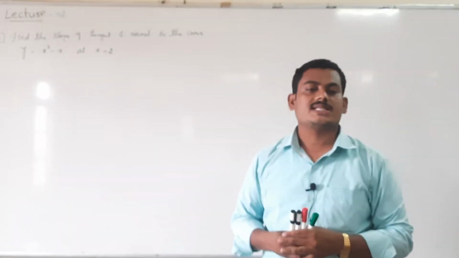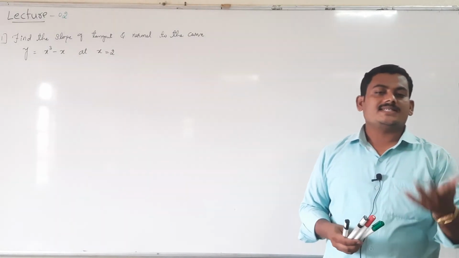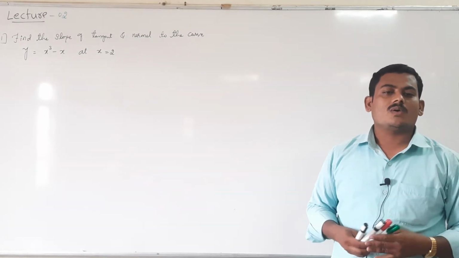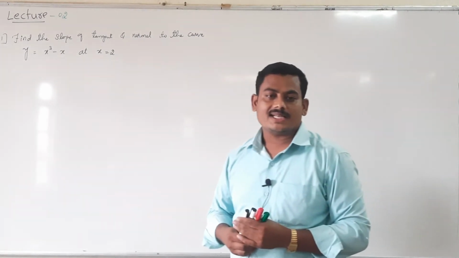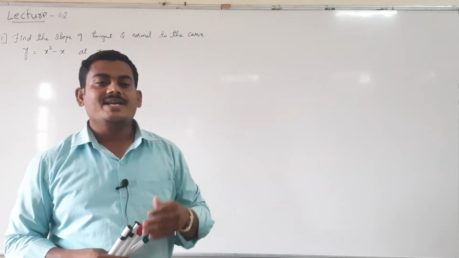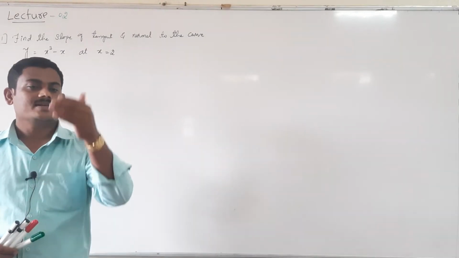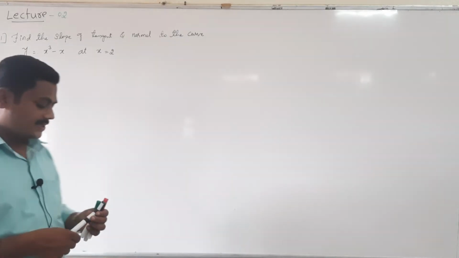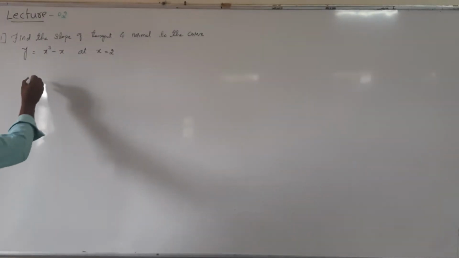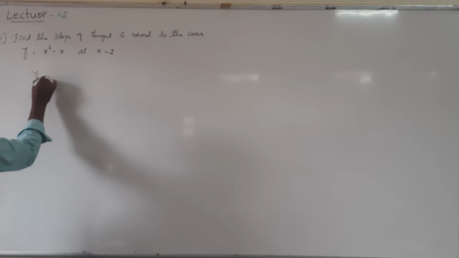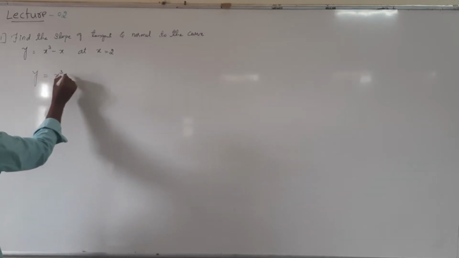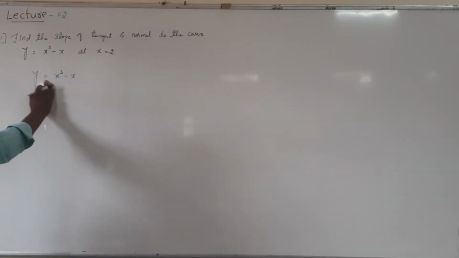It is the given question. In this chapter you already know what the slope of the tangent line is. For finding the slope of the tangent line, just differentiate the given function, which means first find dy by dx. Here y is equal to x cube minus x, the given curve.